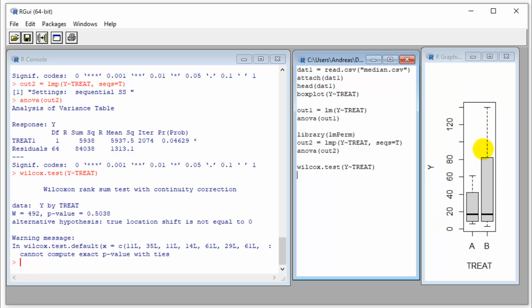Let me think of another example. Let's say this is a medical trial, and they want to test a drug that lowers cholesterol. So in this case, let's pretend that B is your before treatment and A is your after treatment, after you give the drug. Or you could do a placebo trial where B is a placebo and A is your drug. And you're asking, is this drug effective in lowering my cholesterol levels?